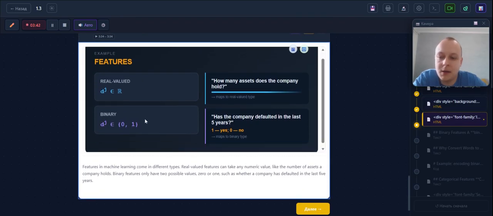Also, there are binary features, and they can answer with a particular finite amount of different values. Like in this case, yes or no. Just only two values could be used as an answer.